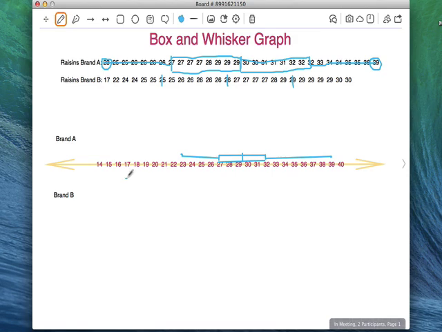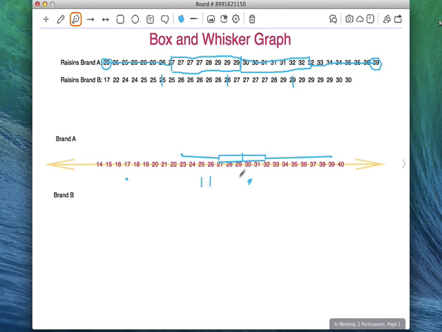We start at 17. We go up to 30. Already seeing some differences here. The median of the data is at 26. The lower quartile is at 25. Interesting.